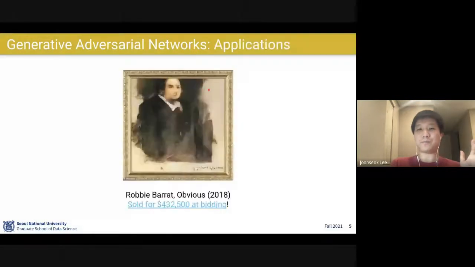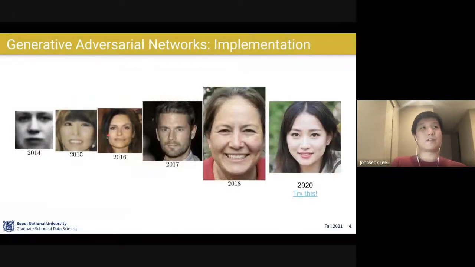Just 6 years ago, we were only able to create this small image, but now we can create these realistic images like we've seen in this example. So this is based on the technology called GAN, and we're going to learn its basic ideas and what we need to consider in practice.